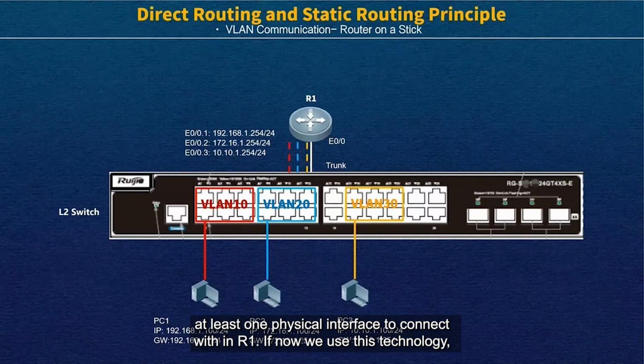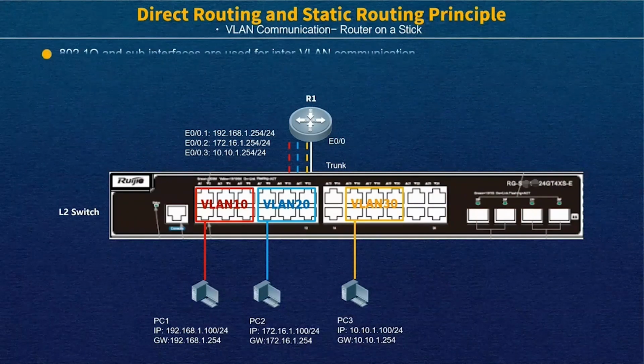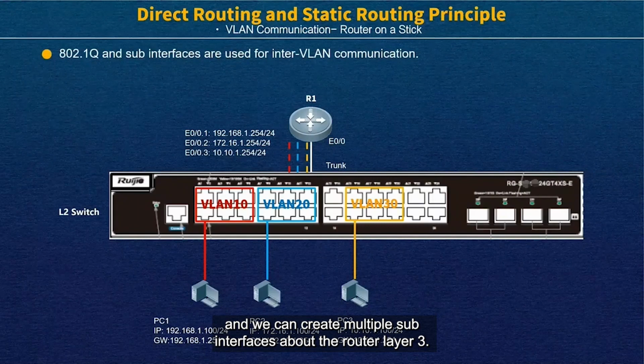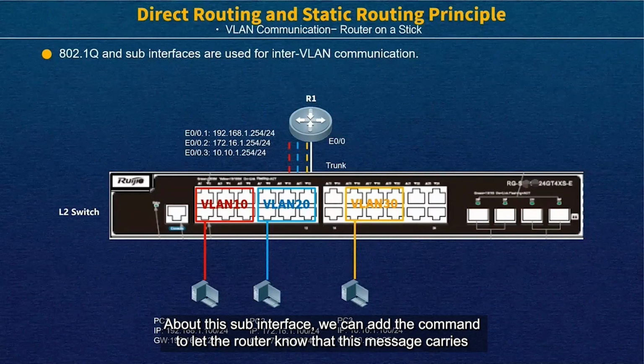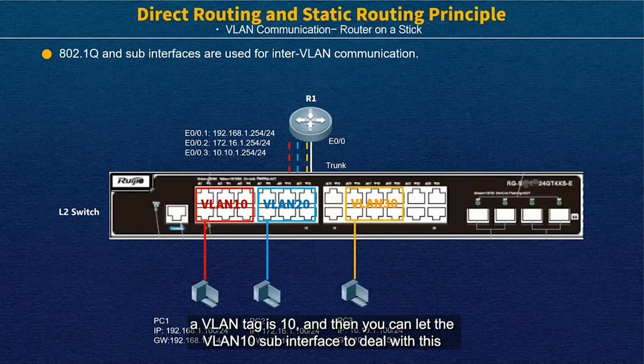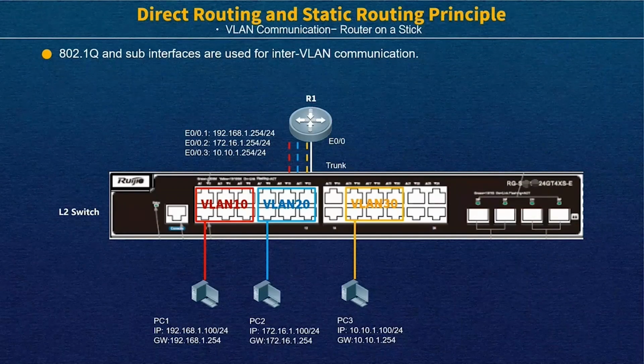If now we use this technology, we can create multiple sub-interfaces on the layer 3 router. On each sub-interface, we can add a command to let the router know that this message carries VLAN tag 10, and then you can let the VLAN 10 sub-interface deal with this message.